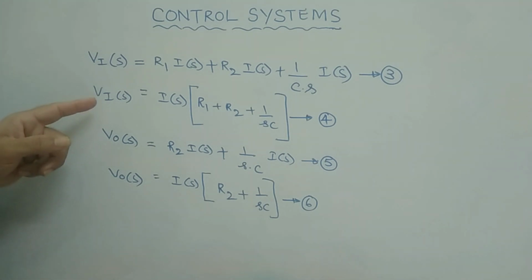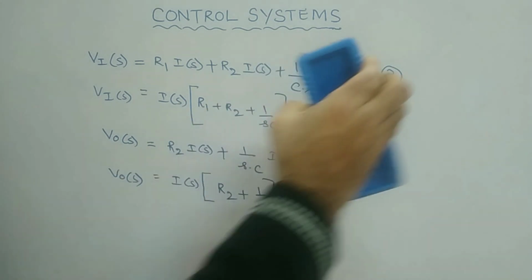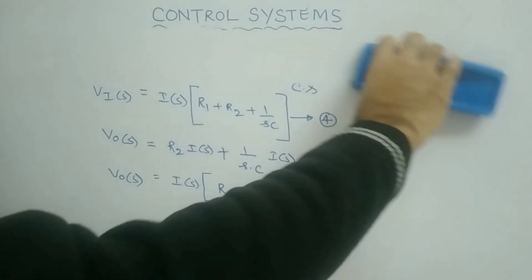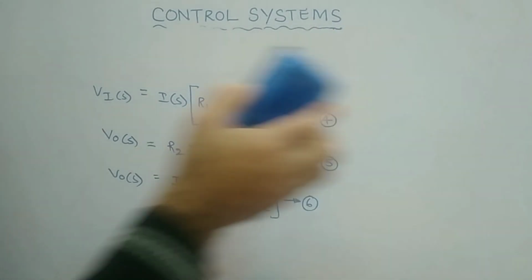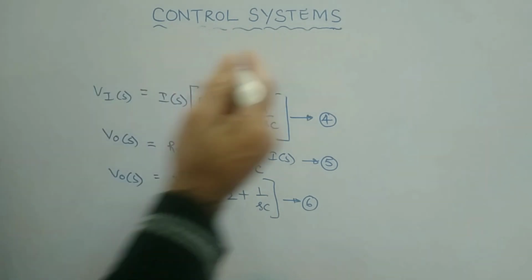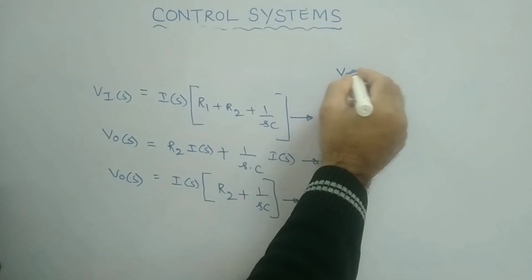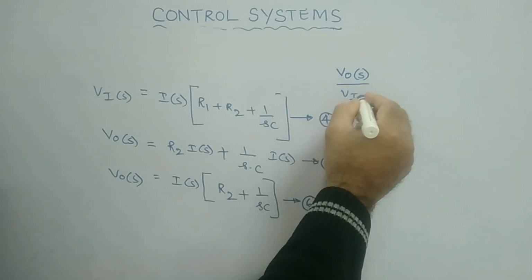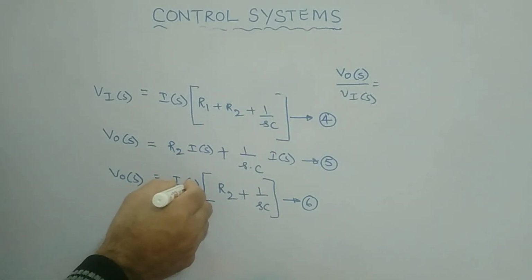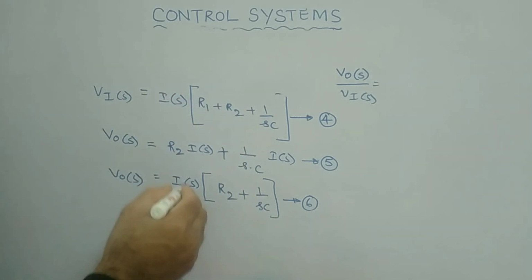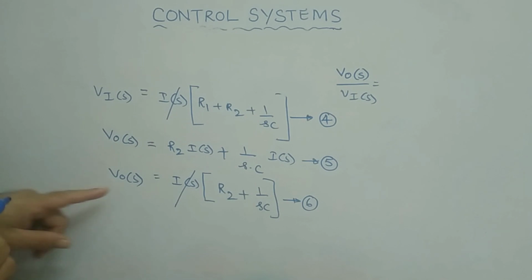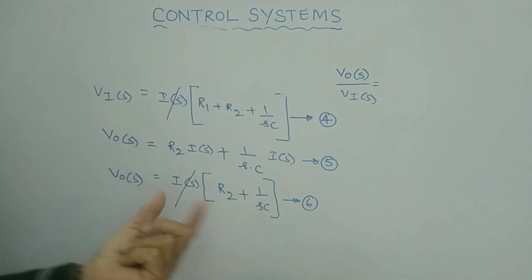V naught of s by Vi of s is this total quantity by this quantity.